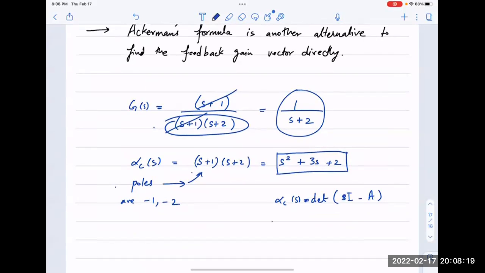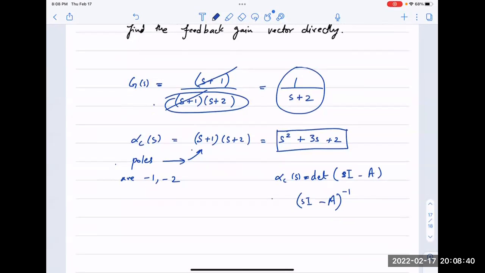But if you do the Laplace transform, I mean, if you do (sI minus A) inverse, so there's a matrix, and then you do the C. Sorry, this is the G(s), right?